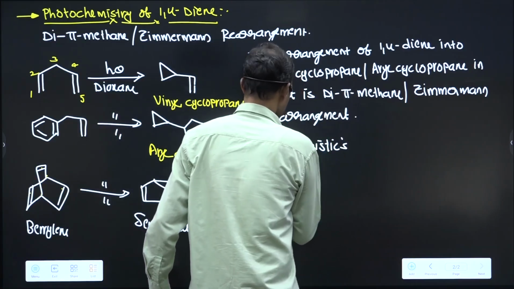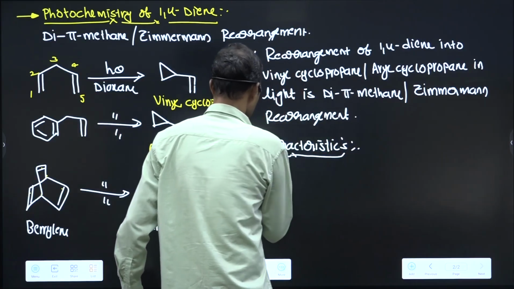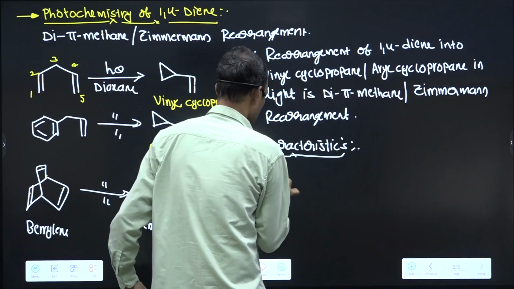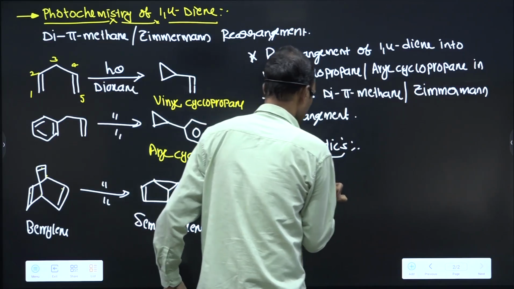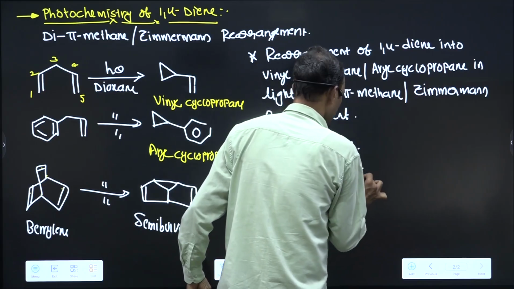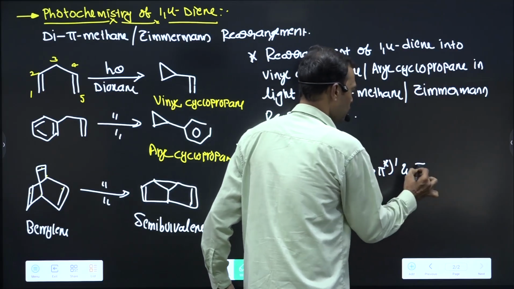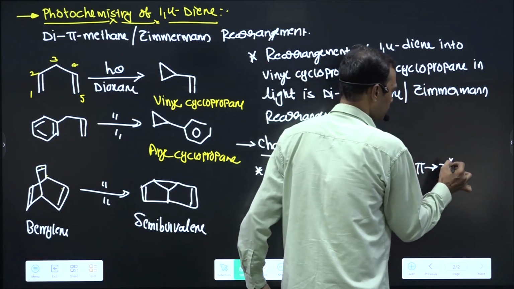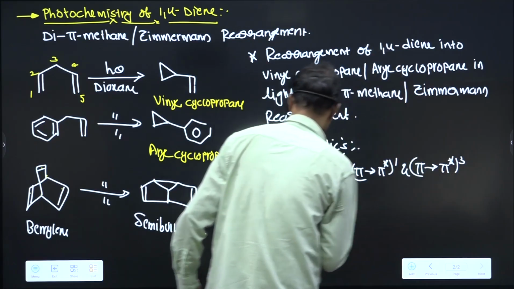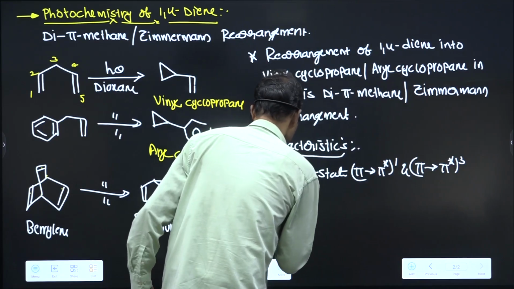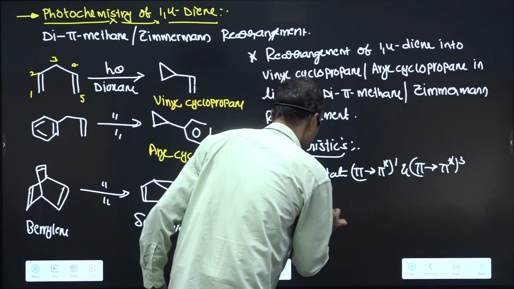Write characteristics. Reaction excited state is pi-pi-star singlet and pi-pi-star triplet. Both are possible. Okay. So this is a liquid state reaction.